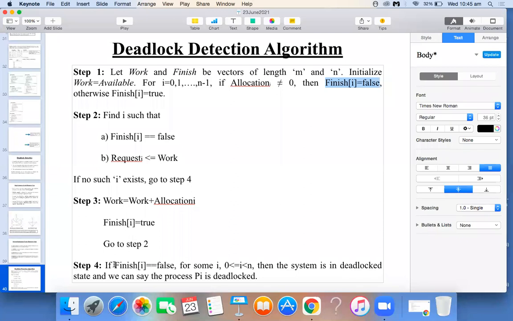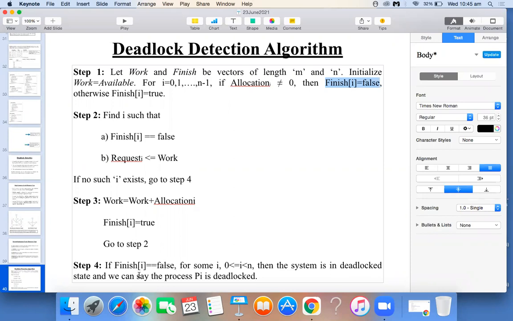So in step number 4, finish of i equal to false means the system has detected a deadlock. When does deadlock occur? When any one process has not completed. If all processes have completed, it means deadlock has never occurred.